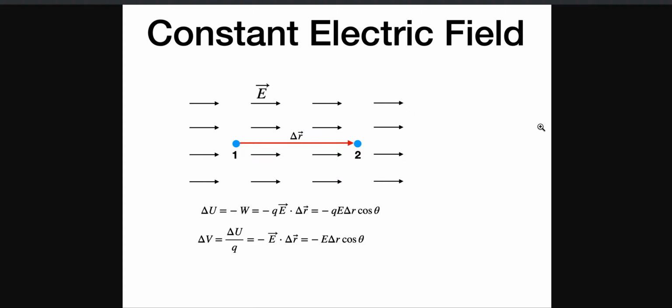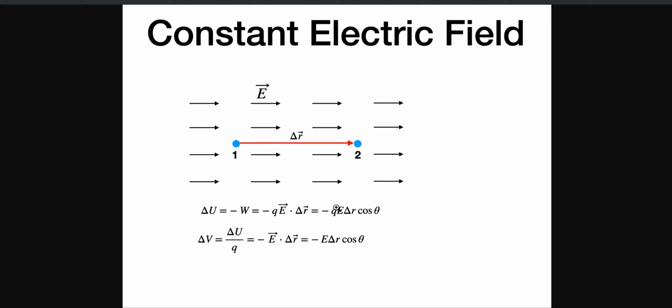So let's start with a constant electric field. Suppose I'm right here at point 1 and I want to move to point 2. Well, when I move that way, the electric field is a constant electric field. It does work on the charge. And it would do some positive work to increase the energy because the force and the displacement are in the same direction. I could instead consider this as a negative change in potential energy, which I could calculate by taking the work done, which is just the charge Q times the vector E, dotted into the displacement vector, and I get this negative QE delta r cosine theta.